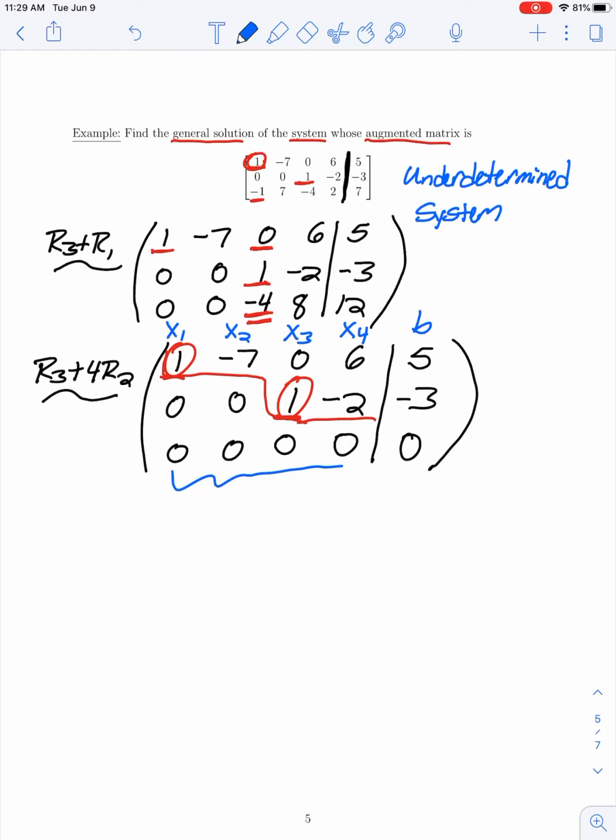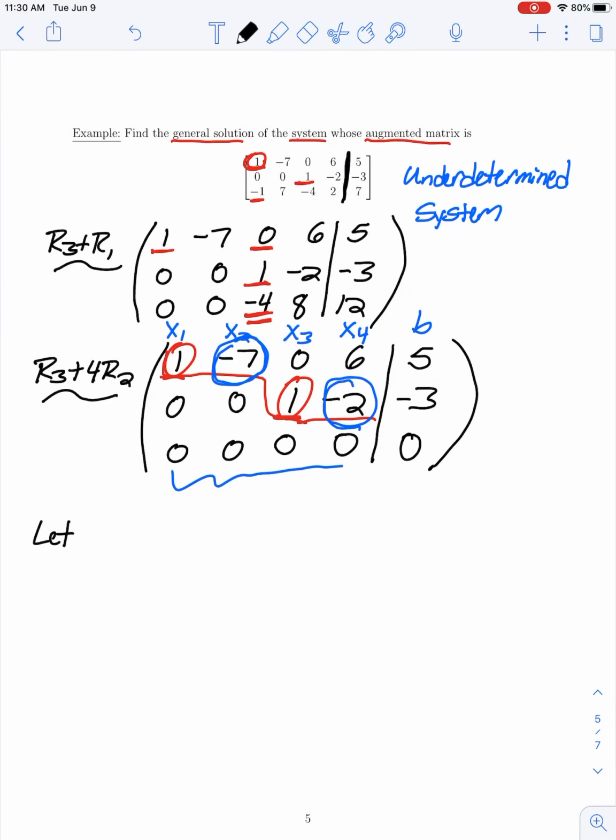And following the same sort of process that we did in our previous example, any column which is not a pivot column will correspond to a free variable. So in this example, I have 2 such columns. So I actually have 2 free variables in this example, namely x2 and x4.